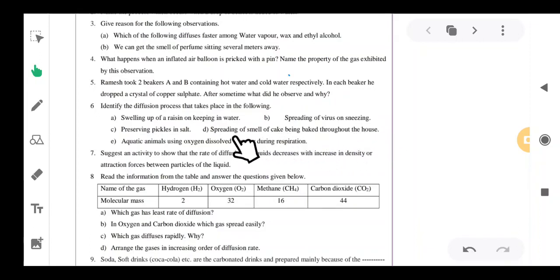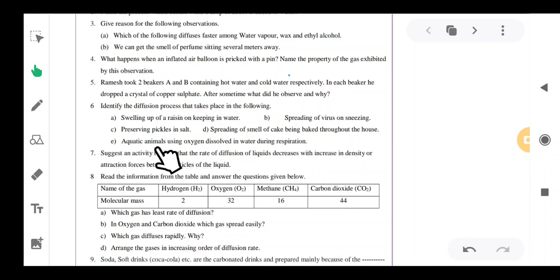We bake the cake and the smell spreads throughout the house. So this smell is diffusing throughout the air. So this is gas particle, air also gas, so gases diffuse in gas.